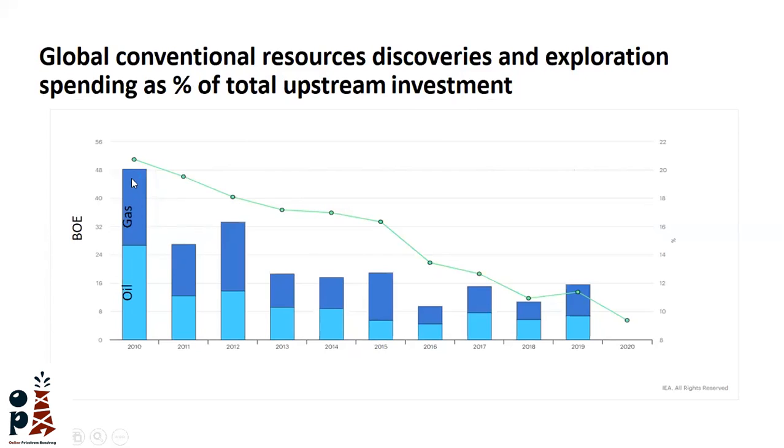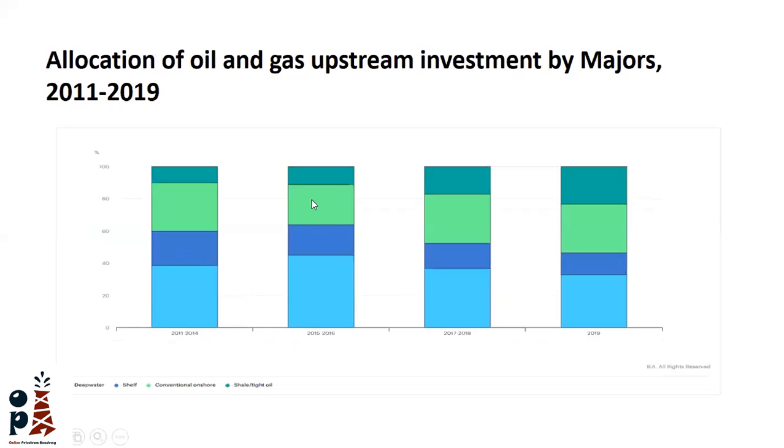We found that about 50 billion oil equivalent was discovered in 2010, then 25 billion oil equivalent in 2011, and so on.